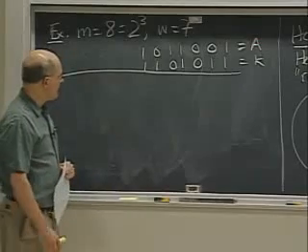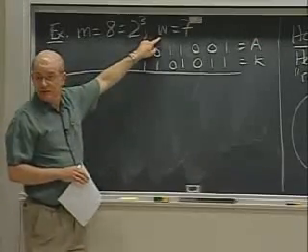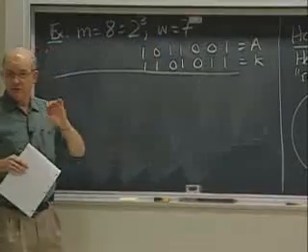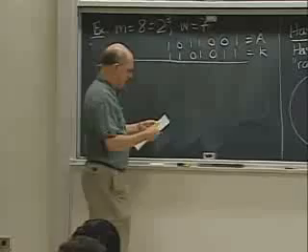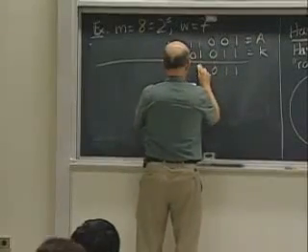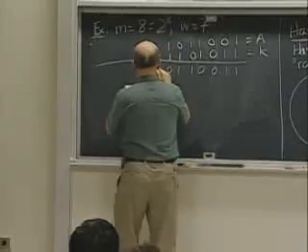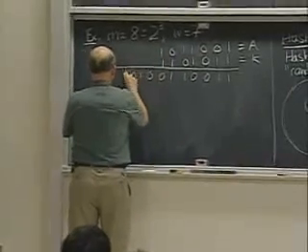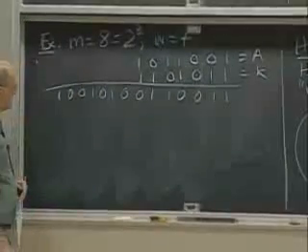And so when I multiply that out, I get a 2w-bit answer. So when you multiply two w-bit numbers, you get a 2w-bit answer. In this case, it happens to be that number.